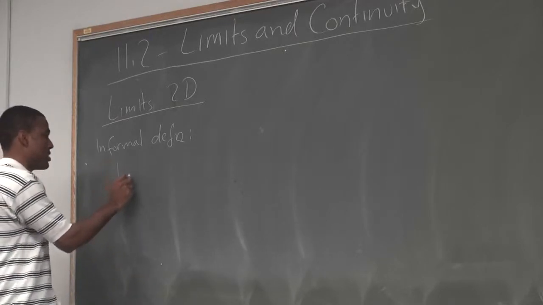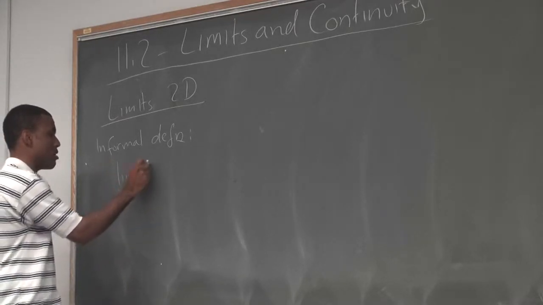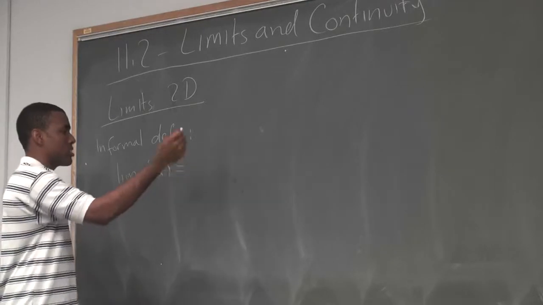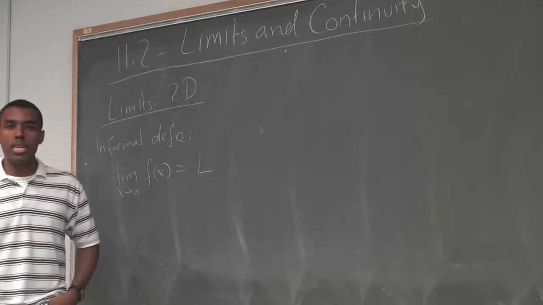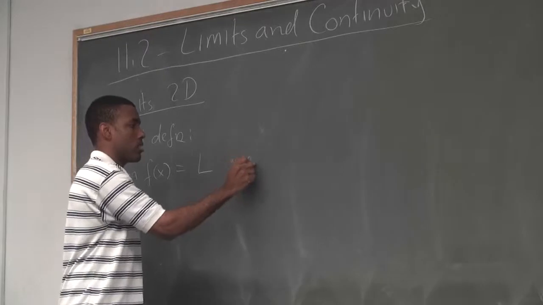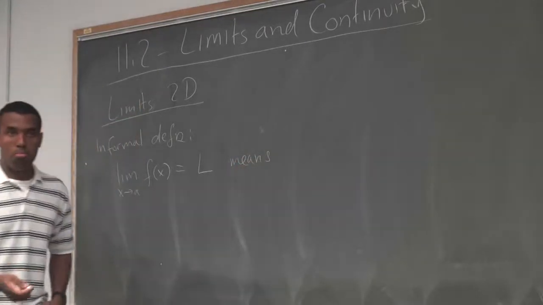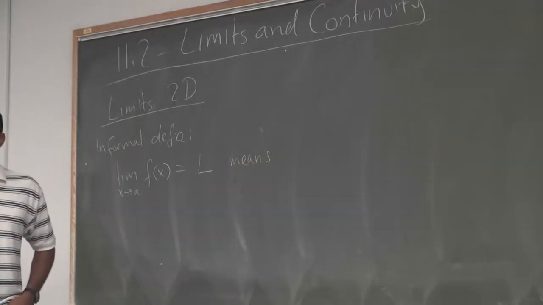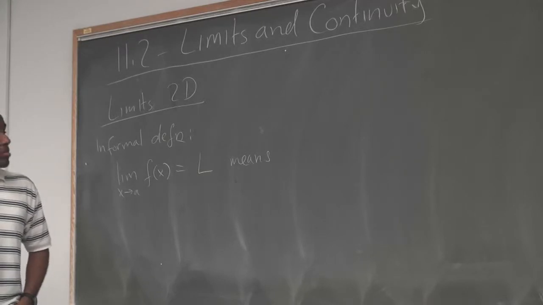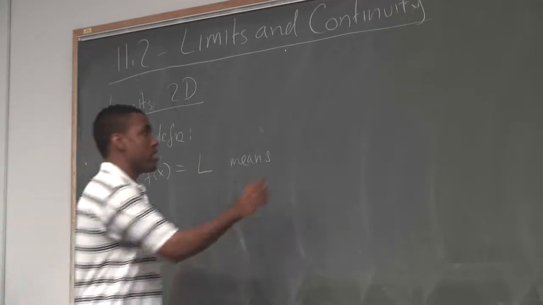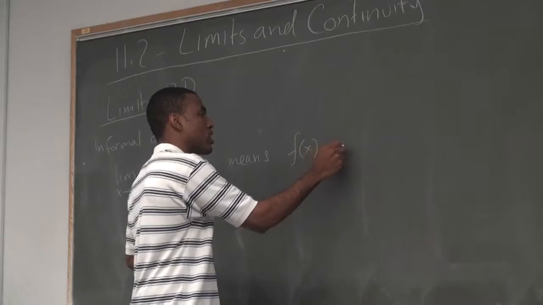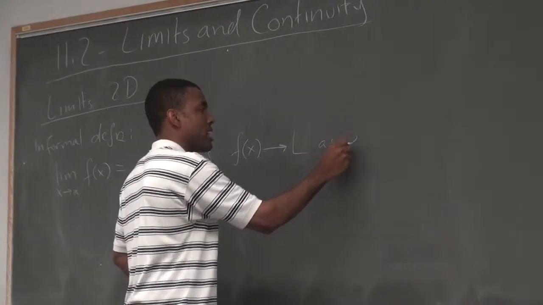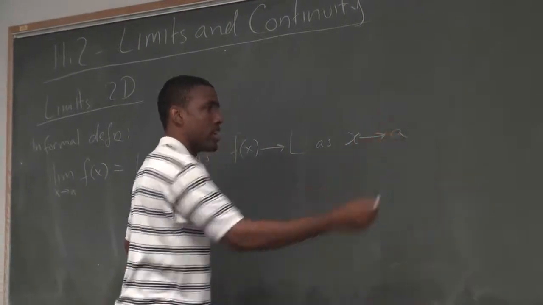If I say the limit as x approaches a of a function is some number, what does that mean? F of x approaches that value as x approaches a. Right. F of x will get close to this value as your x value gets close to a, right?